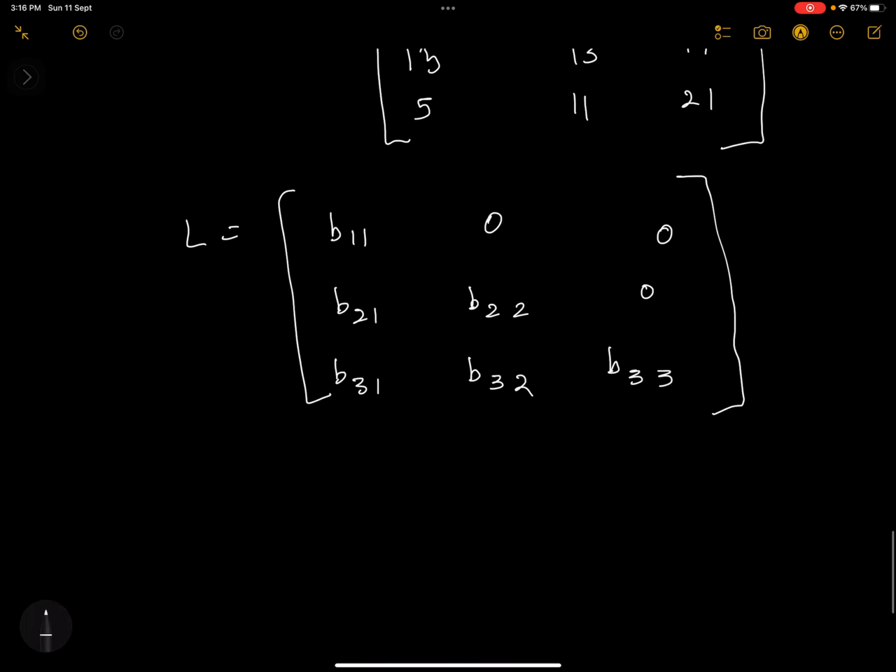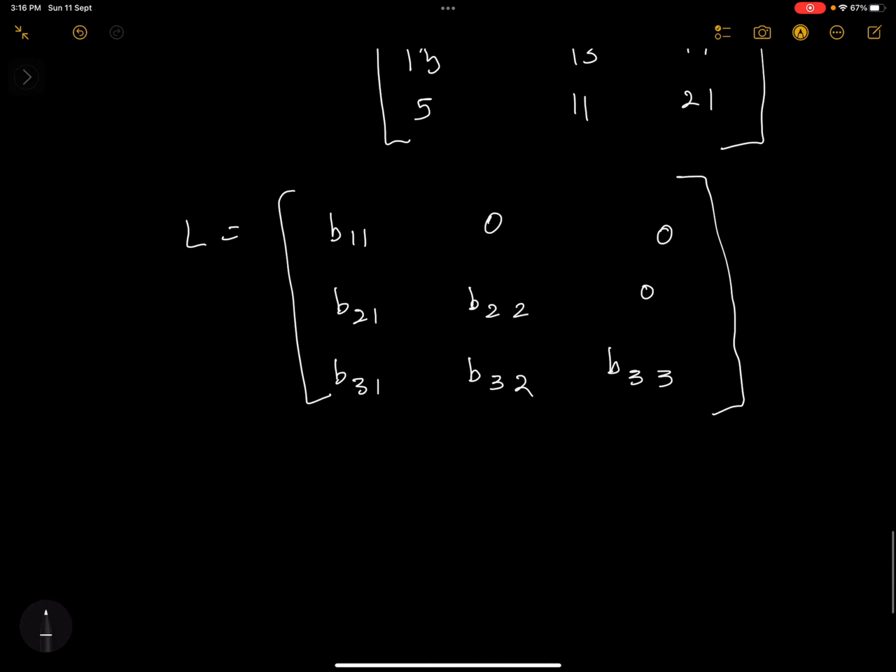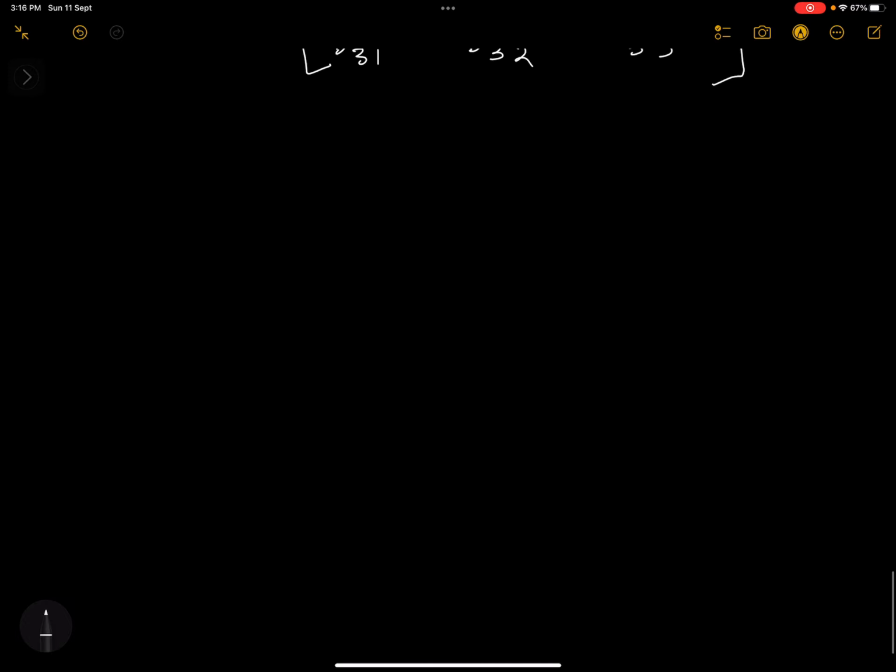Now all I have to do is utilize this formula that was used here. So I'll just rewrite this on the side so that it's easier for me to calculate. Bjj is equal to the square root of Ajj minus the summation k equals 1 to j minus 1 of Bjk squared.